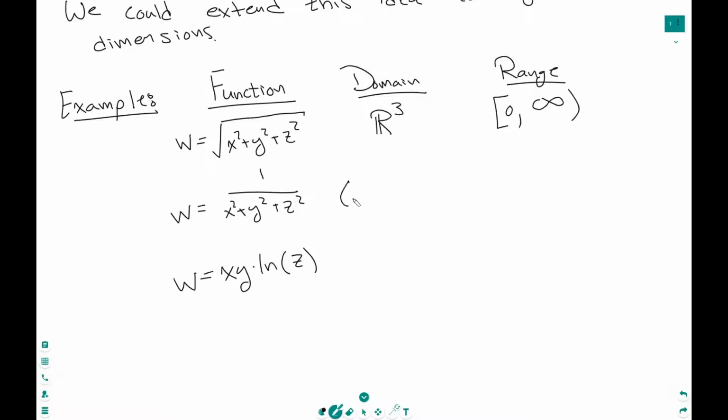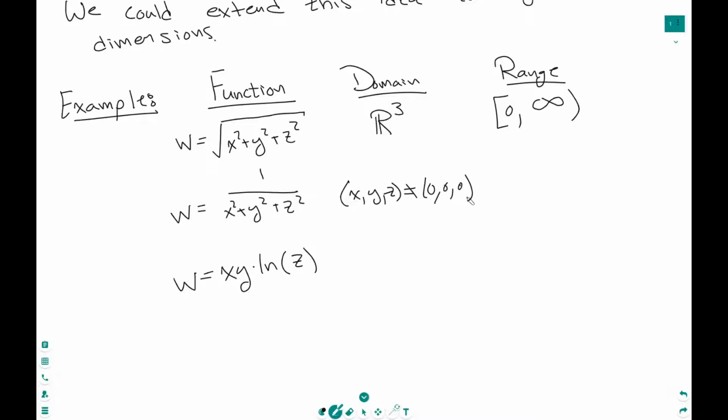So what I can say is the point x, y, z does not equal the origin, 0, 0, 0. So the domain for this is essentially R3 minus the origin, right? That's the only time that I get 0 for the denominator. I can't have x, y, and z all be 0.